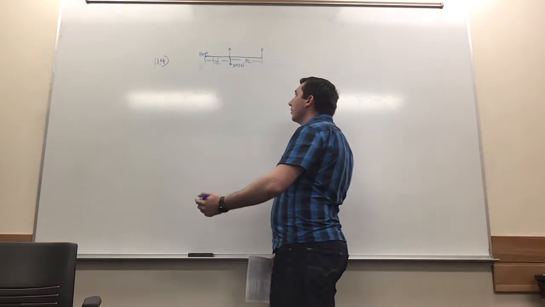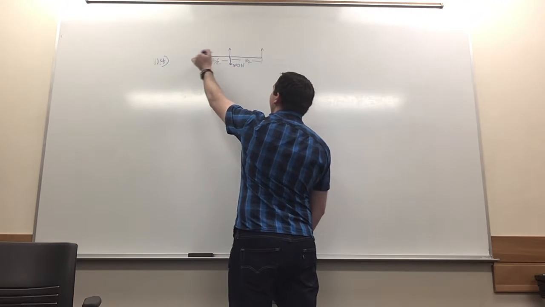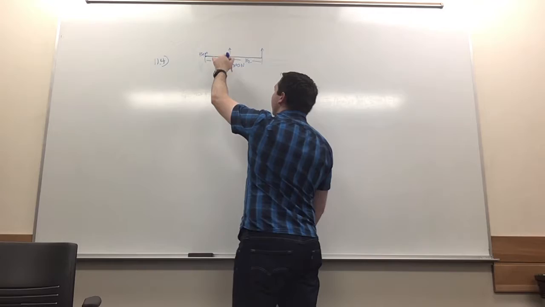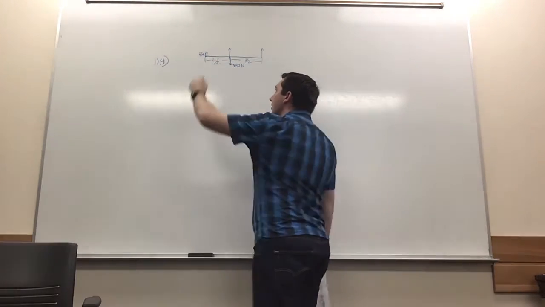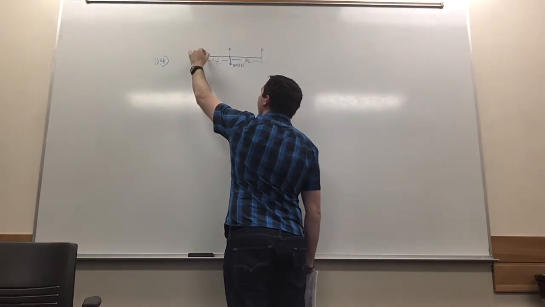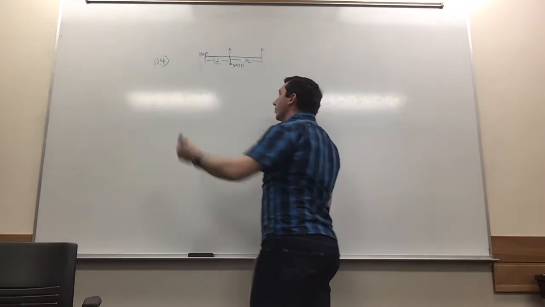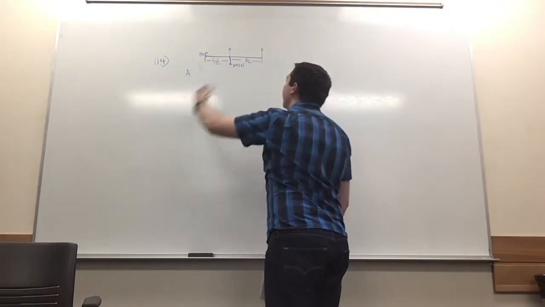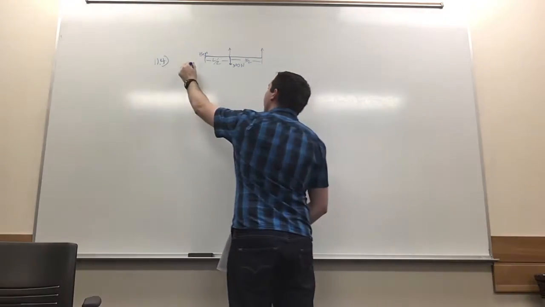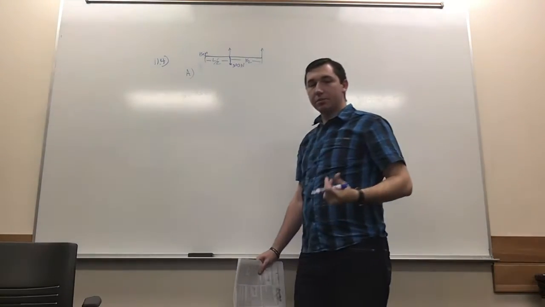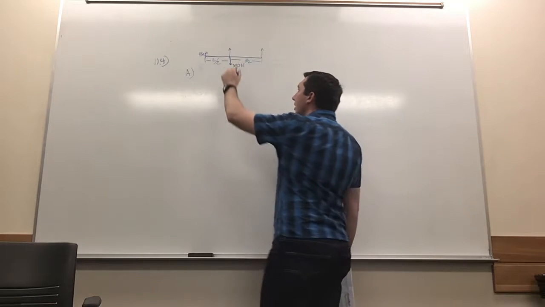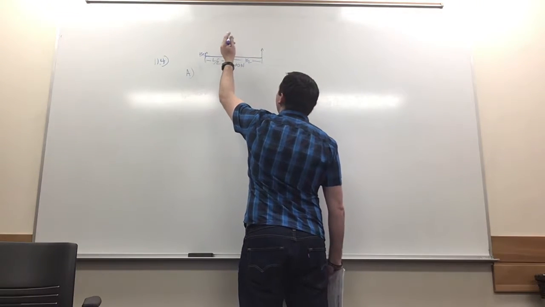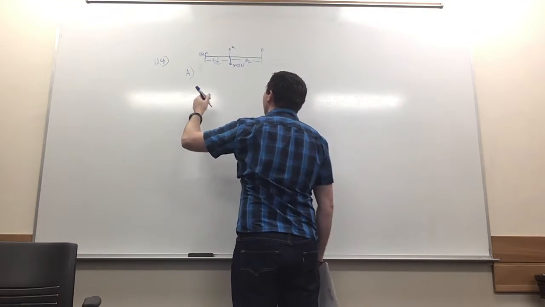So this is kind of my trap door. It has 300 newtons coming down, and this is where the hinge is over here. And so for part A, we want to know how much force would it require to begin to open the trap door if we exerted a force in the center of the door.